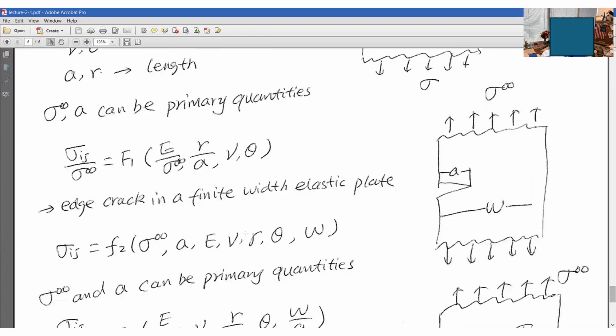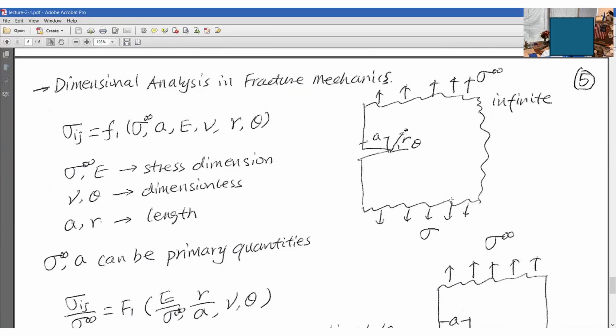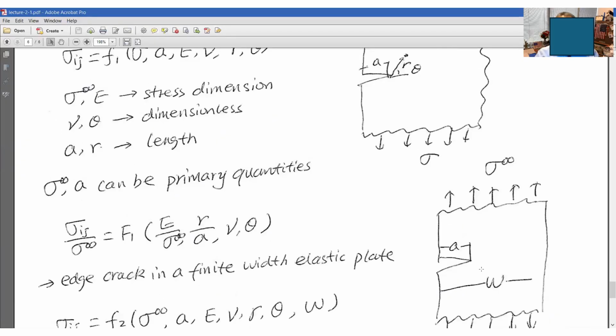So the second example is the finite width elastic crack. This guy is different from this, because the size is not infinite, not very huge, W is a reasonable value.